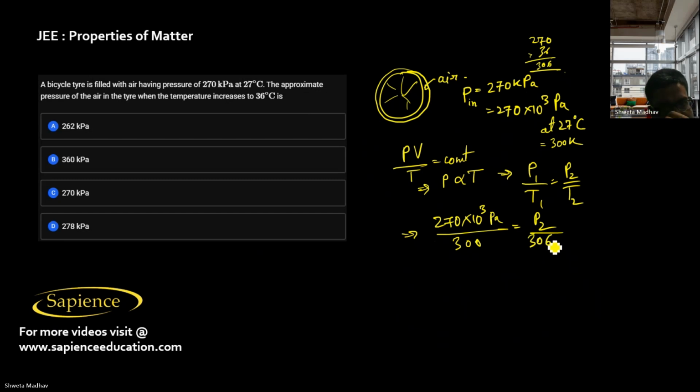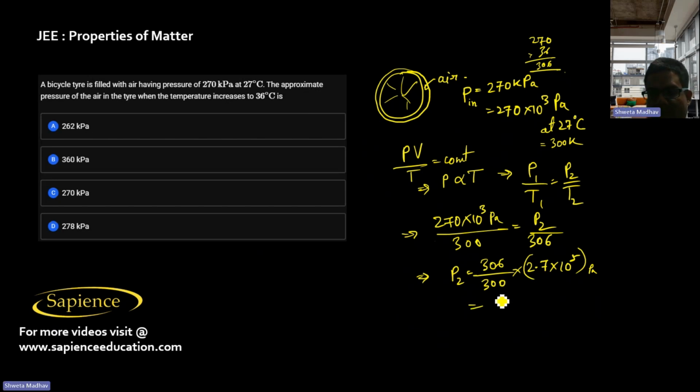So now P2 will be equal to 306 by 300 into 2.7 into 10 power 5 Pascal. So that will be 1.02 into 2.7 into 10 power 5 Pascal.